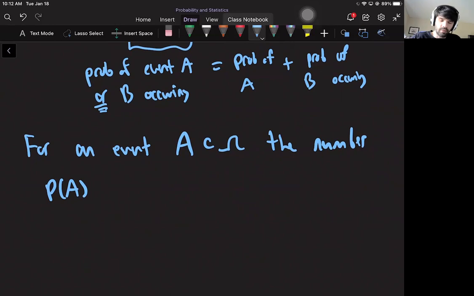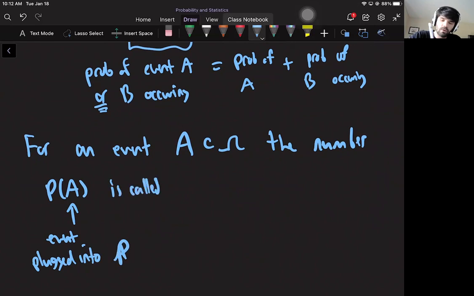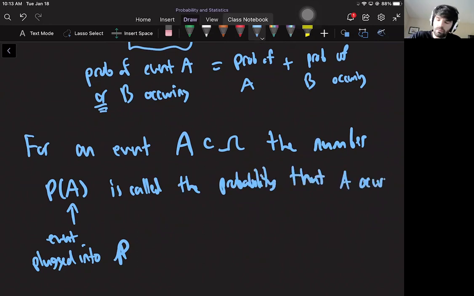So this is going to be a number plugged into the function. So this number has a name. It's called the probability that A occurs. Maybe I'll underline the whole thing.